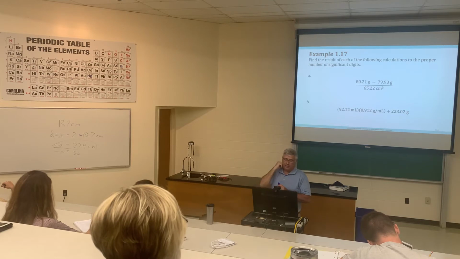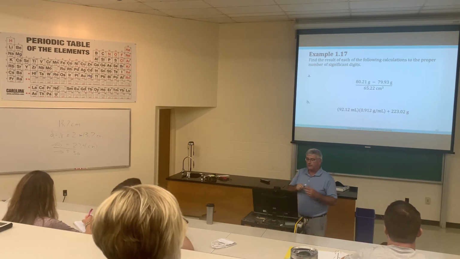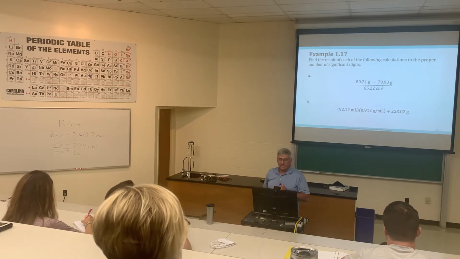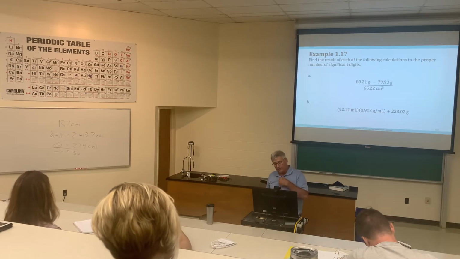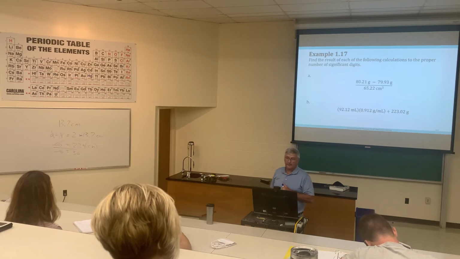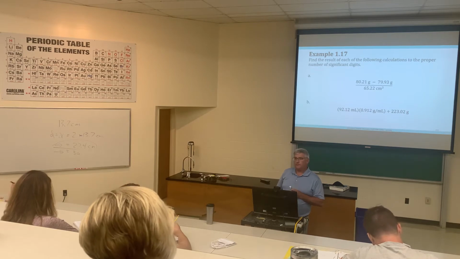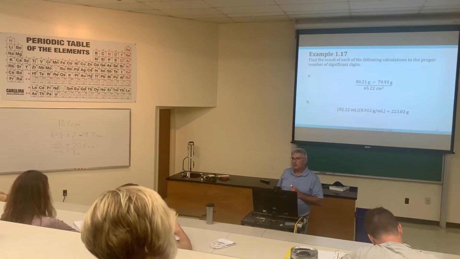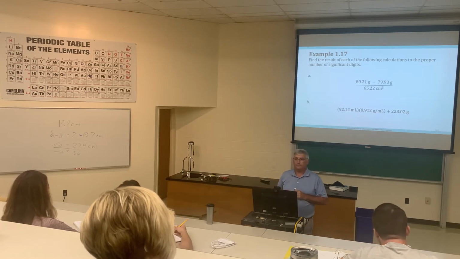How about, find the result of each of the following calculations for the proper number of significant figures? Now this has multiplication and division and subtraction in the first one, and the second one has multiplication and addition. So wait a minute, are there some math rules that we have to follow right here? Yeah. When I have something on top of a division line, does that mean I should do that before I do the division?